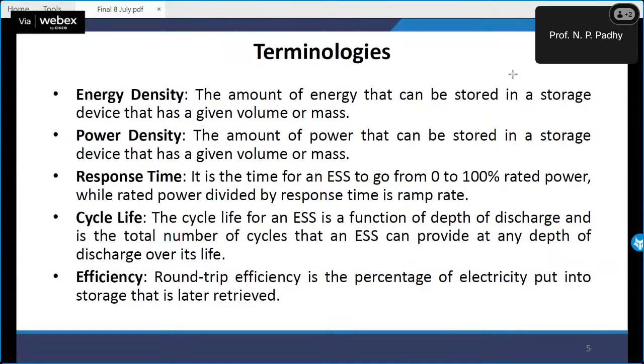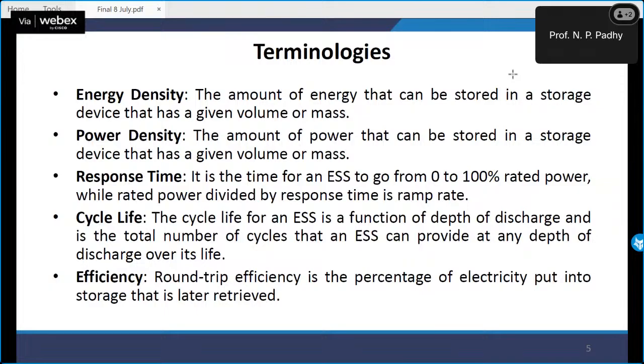There are a few terminologies we already talked about, but again, because people say high power density or high energy density or low energy density, what is energy density? For a given volume or mass, it is the amount of energy that can be stored in a storage device.